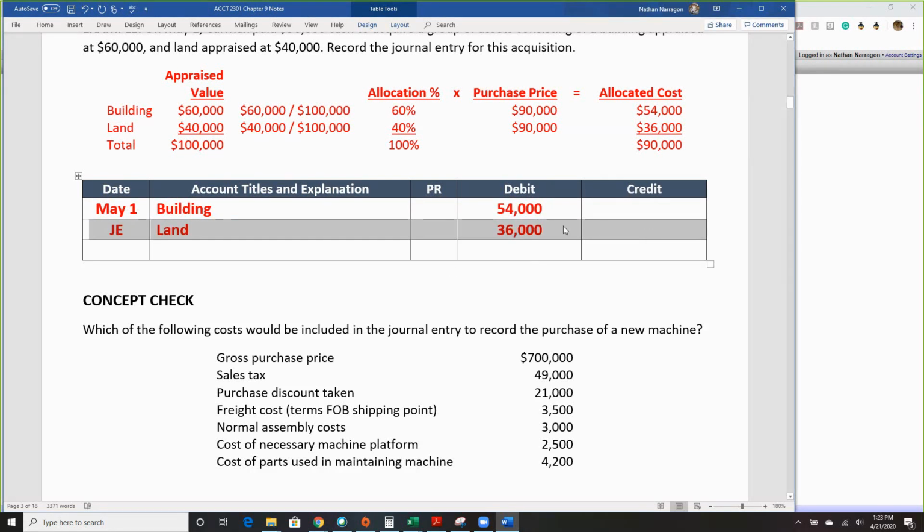Land, $36,000, just like what we allocated. So those are debits. And then of course we credit the method of payment, which was cash.